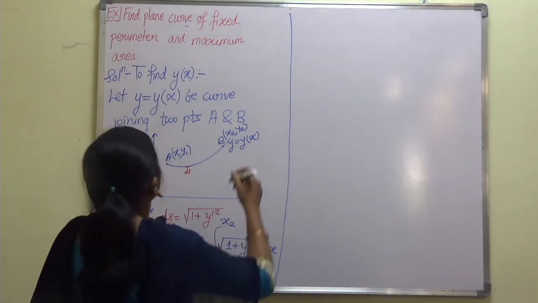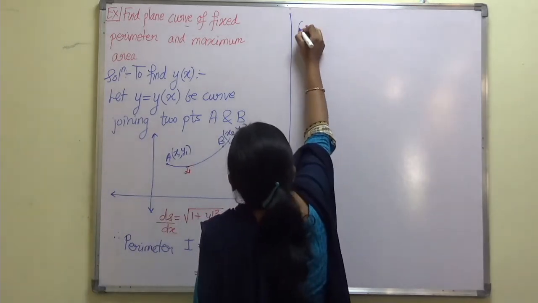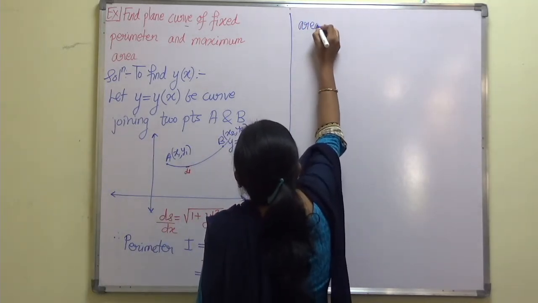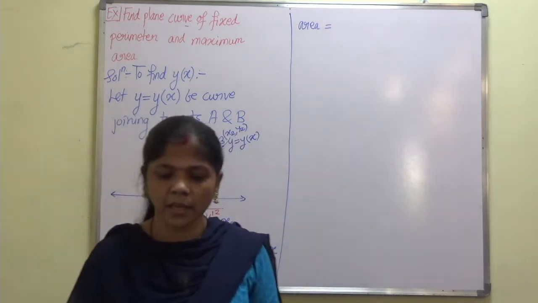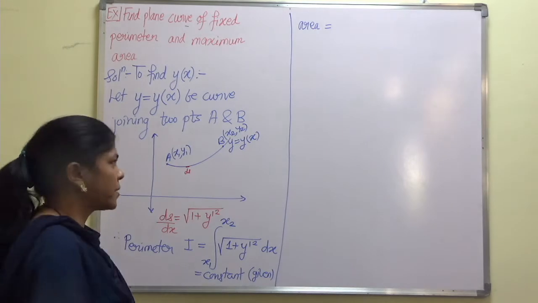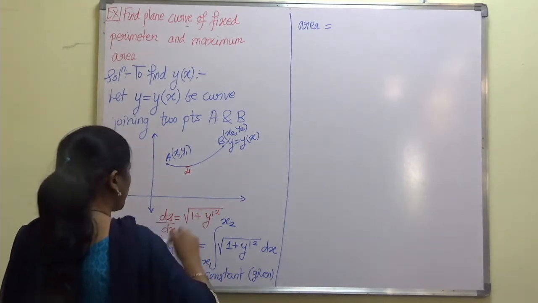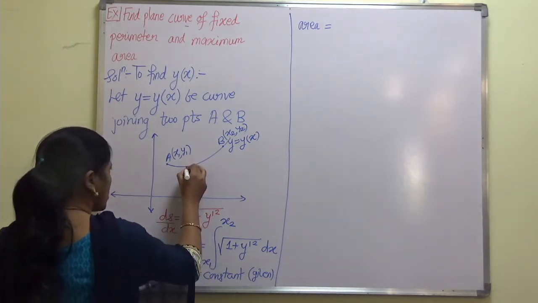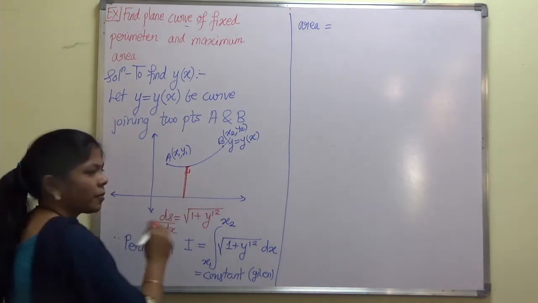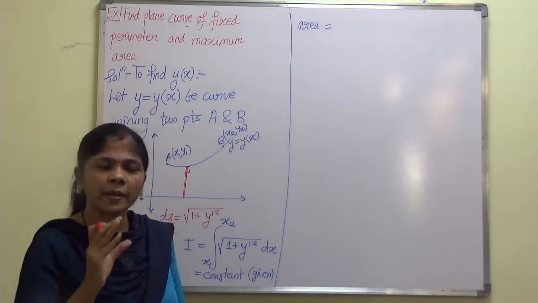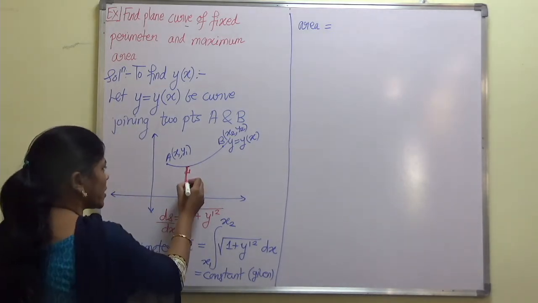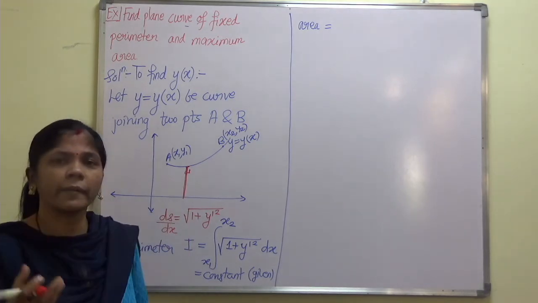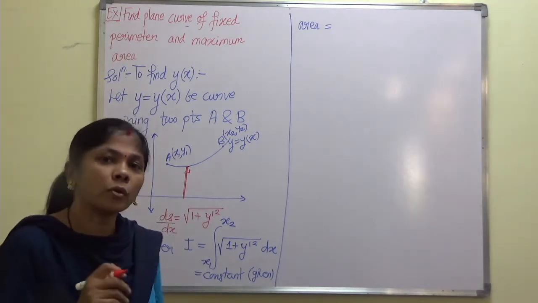Now the area. So what is the area? We will take one small strip and find out the area of this small strip, and such strips are to be added from point A to B, right? What is the area of this small rectangular strip? It is length into breadth.